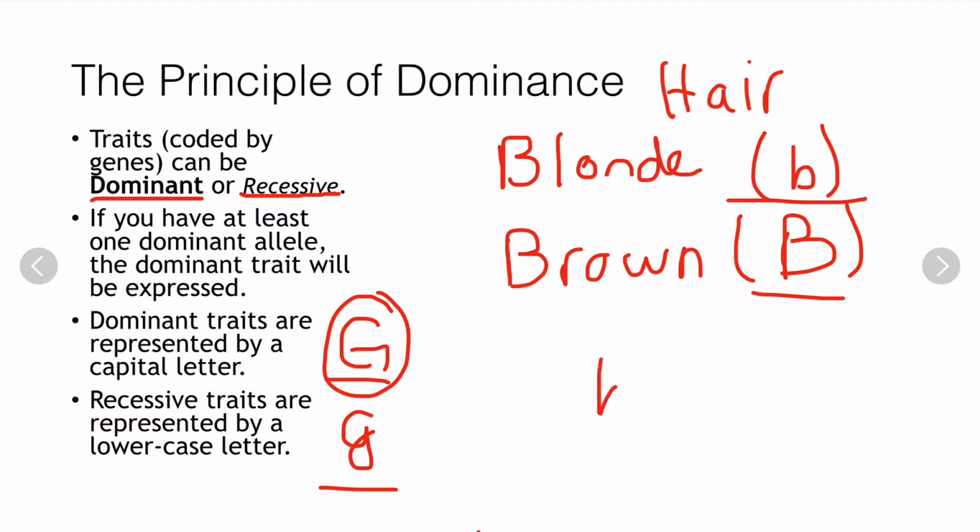Let's say we have a kid that has these two alleles. Would they have dominant hair color or recessive hair color? Well, because there's not at least one dominant allele and there's two recessive, they would have recessive hair color, which would be blonde.